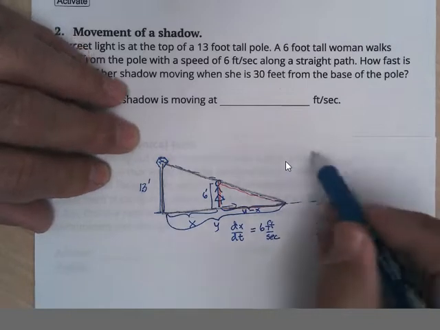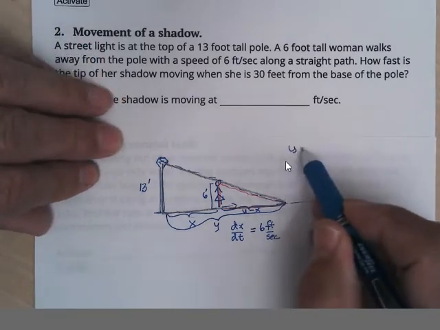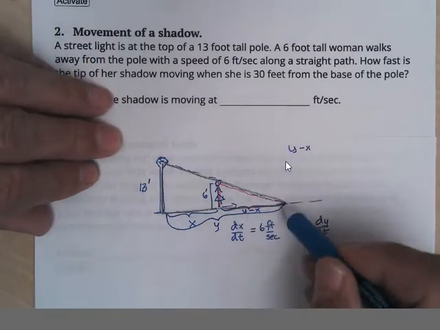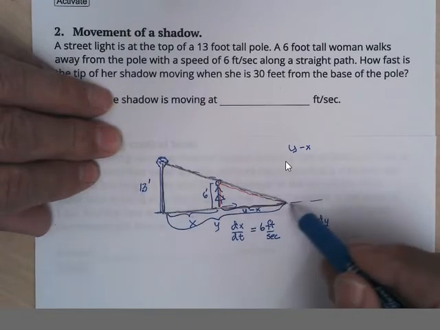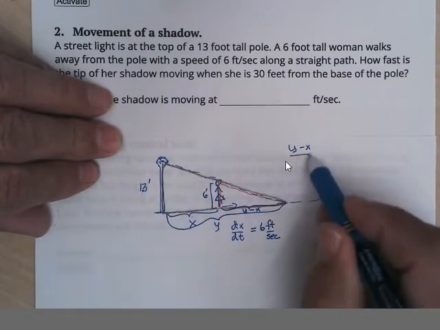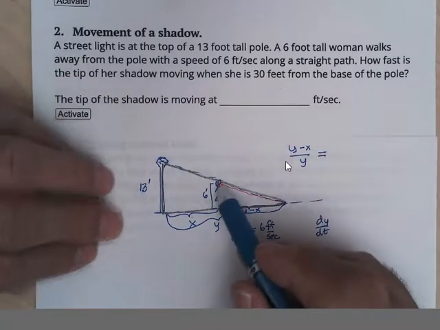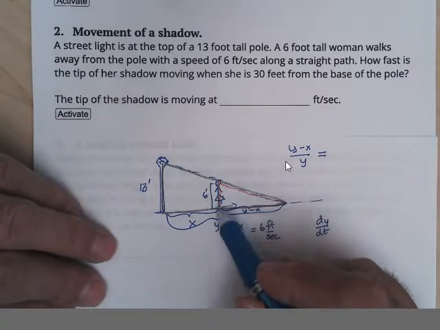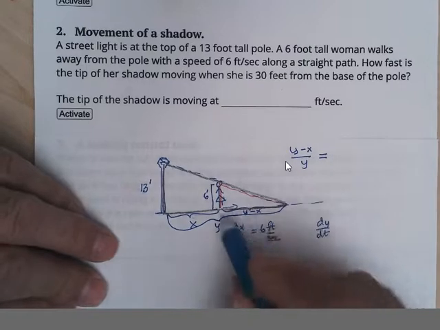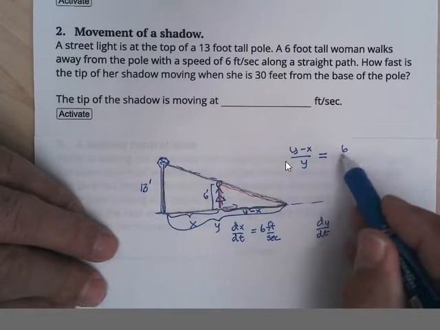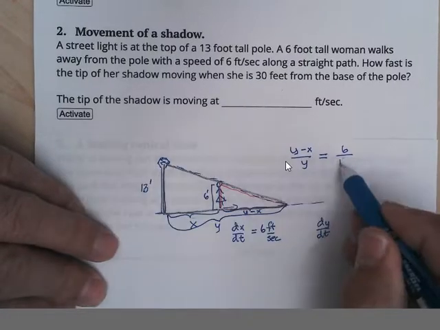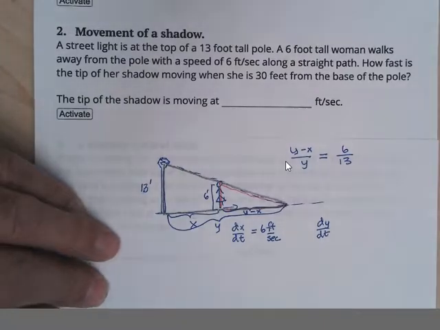So if I do the ratio of y minus x, this side on the top would match the long one on the big triangle, to y, would match up with 6 on the small triangle to 13 on the big triangle.